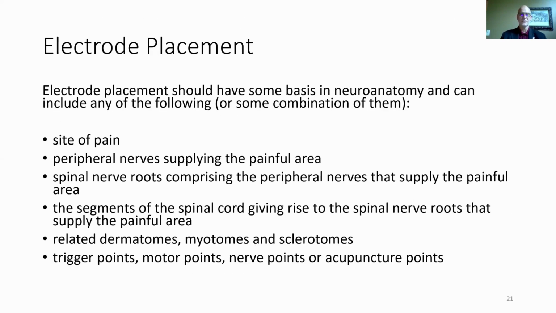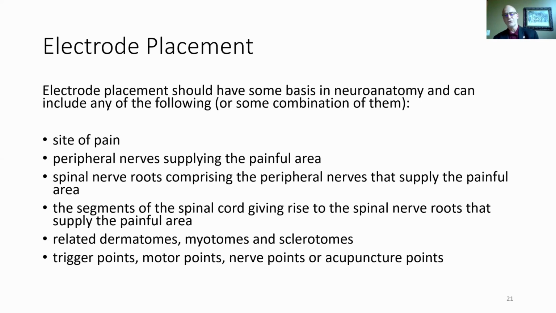So electrode placement, again: when you're talking about TENS, you're usually looking at the site of pain, unless you're using a motor level and it hurts in that area to contract those muscles. Then you have to look for peripheral nerves that supply that area. You can do spinal nerve roots, or the spinal cord segment, running it straight across the spine.